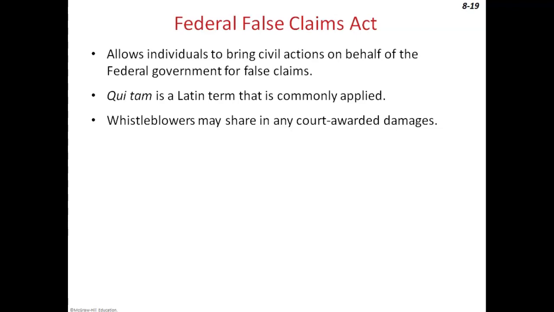But just to reiterate, the major point for the Federal False Claims Act is whistleblowers may share in any court-awarded damages.